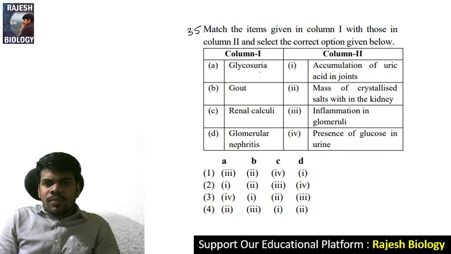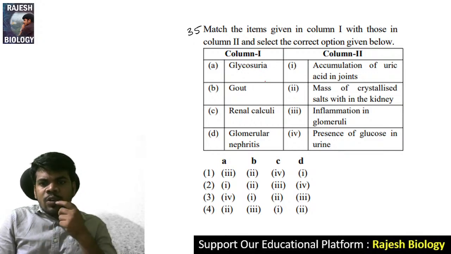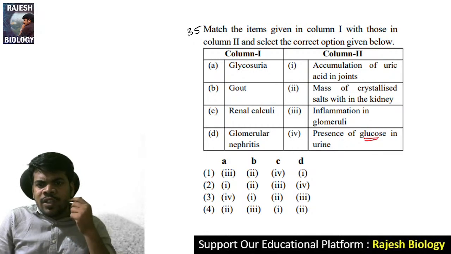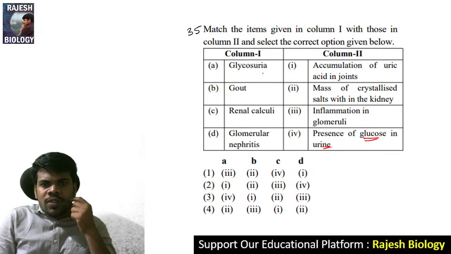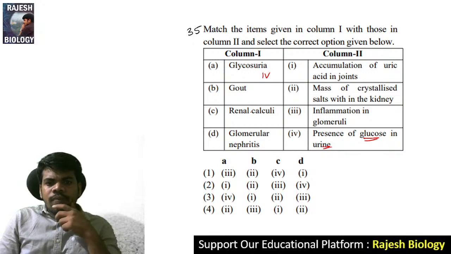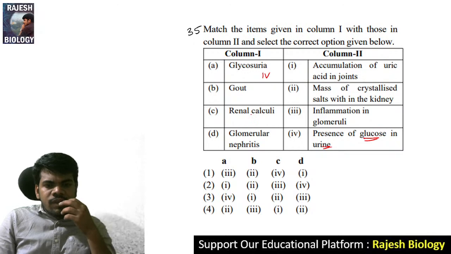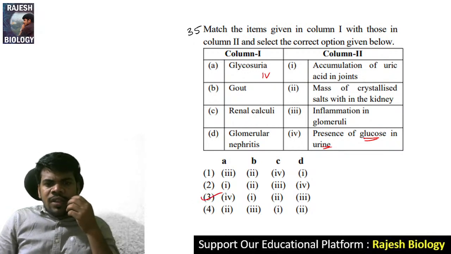Glycosuria means presence of glucose in urine. So it is 4, right? If it is 4, automatically the answer is 3. Gout. Accumulation of uric acid in the joints.